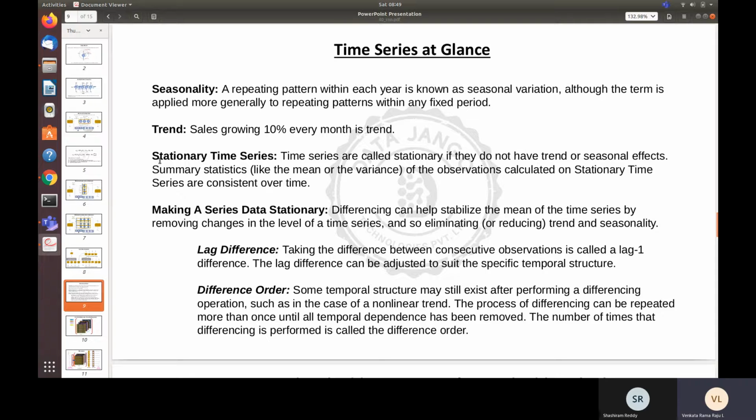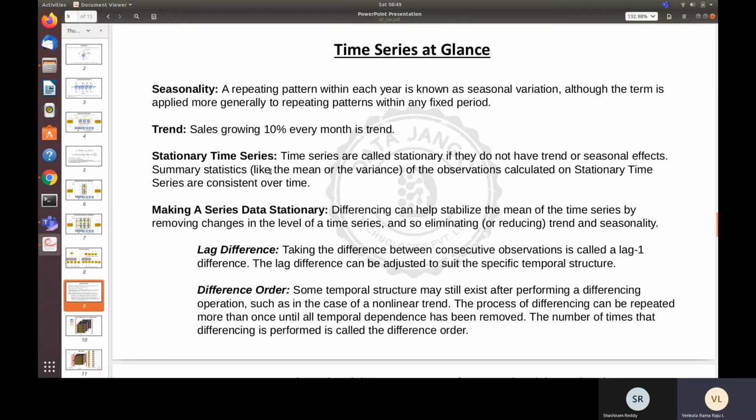Seasonality and trend. In every time series problem, you will have this seasonality and trend. So we will try to reduce these two before we build a model. Stationary time series means time series are called stationary if they do not have trend and seasonality effect, or have reduced effect of seasonality and trend.